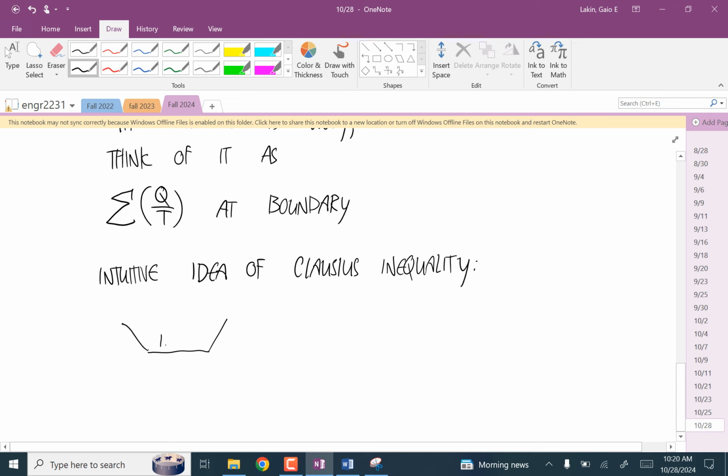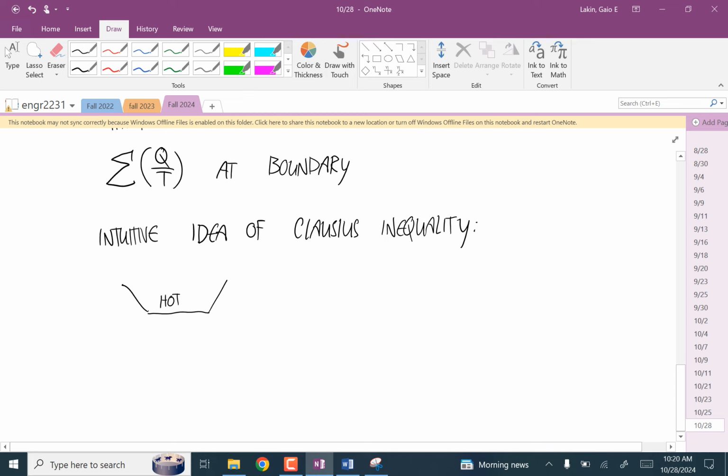This is the high temperature. And here's our system. And this is a power cycle that I'm going to use. Now, obviously, the Clausius inequality refers to any cycle. It doesn't have to be a power cycle, but that's what I'm going to draw here. And here's the cold reservoir.